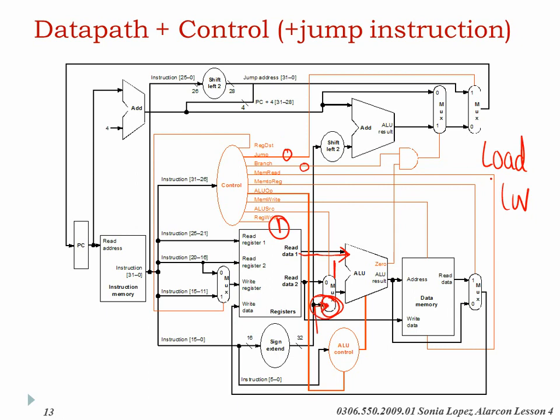Do we read memory in a load? Yes, we do read memory. Read memory goes here, so this is a 1. Actually, what we send to the registers to be written comes from what we read from memory. So this is actually what is sent to registers. So this mem to register is going to be a 1.